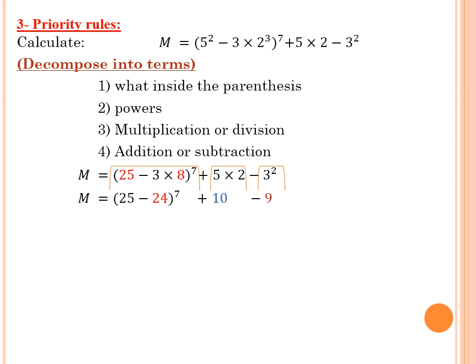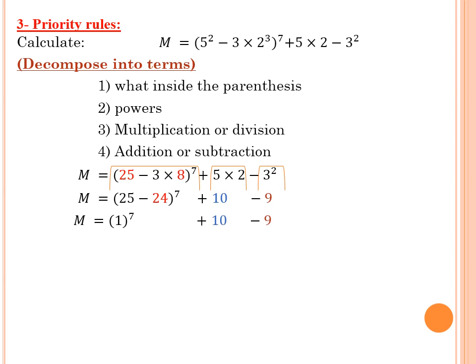Of course, the multiplication. So 3 times 8 is 24, and I write the others the same. All to the power 7 the same. Plus 5 times 2. Again, we have addition and multiplication, so priority goes to multiplication. 5 times 2 is 10. We replace them by writing 10 in their place. Minus 3 squared, which is 9.